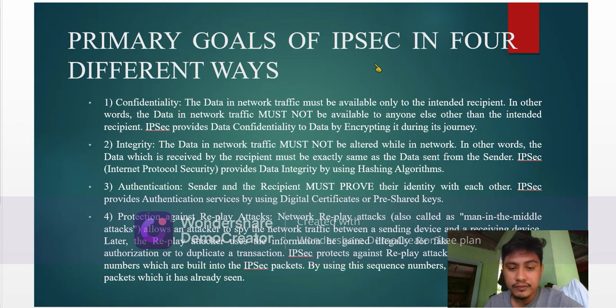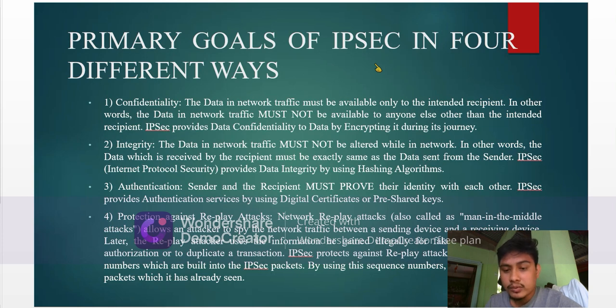Protection against replay attack. A network replay attack, also called a man-in-the-middle attack, allows an attacker to spy on the network traffic between the sending device and receiving device. Later, the replay attacker uses the information he gained illegally for fake authentication, fake authorization, or to duplicate the transaction.